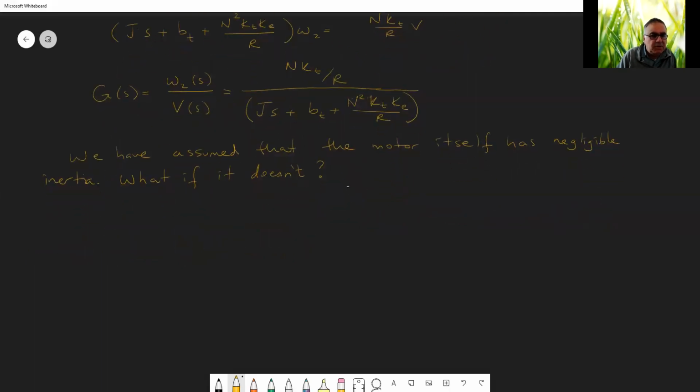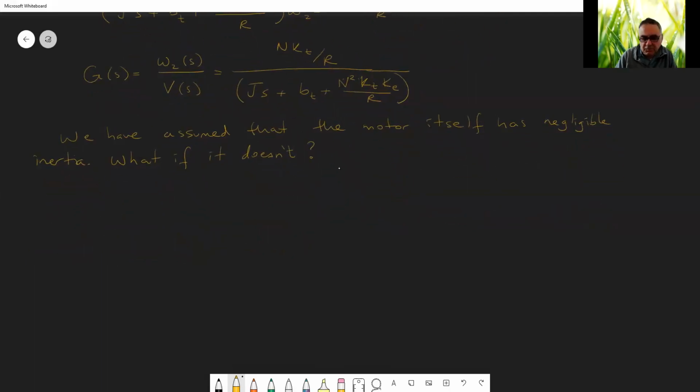The electrical part is the same. We have the motor as follows. The motor itself has a torque, but it has an inertia as well. And this is the gearing. I'd like to draw the gearing like this this time so that you don't get confused. This is the second inertia.